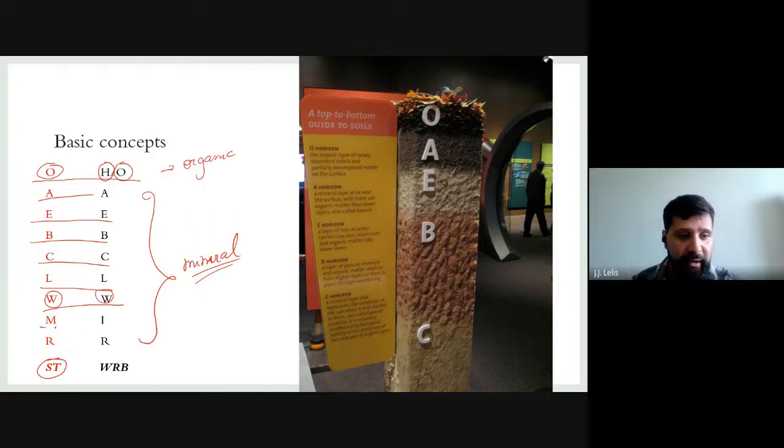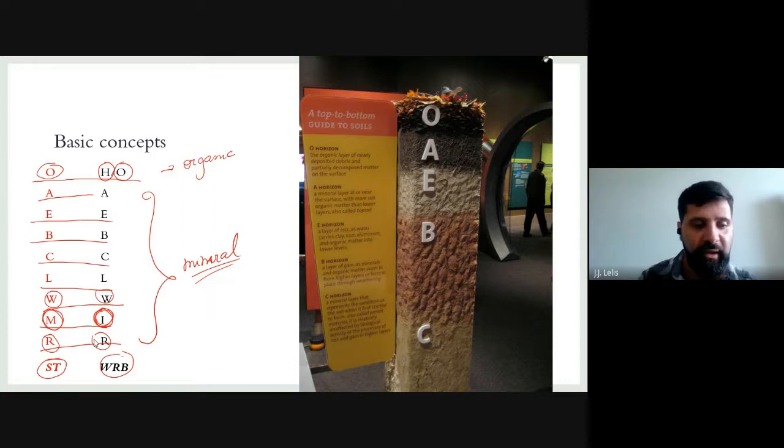Here we have a different definition, and this horizon we can't identify in the WRB definition. And this horizon is contained into this horizon, but I will discuss that. And this is the R layer. It's very common. The definition is easy, and we can identify the same concepts in the two soil classification systems that we will discuss. Okay.